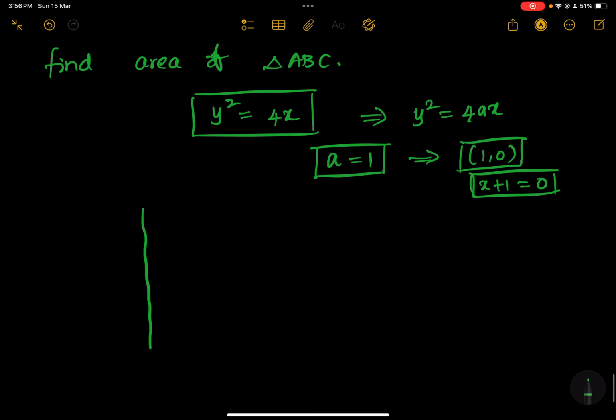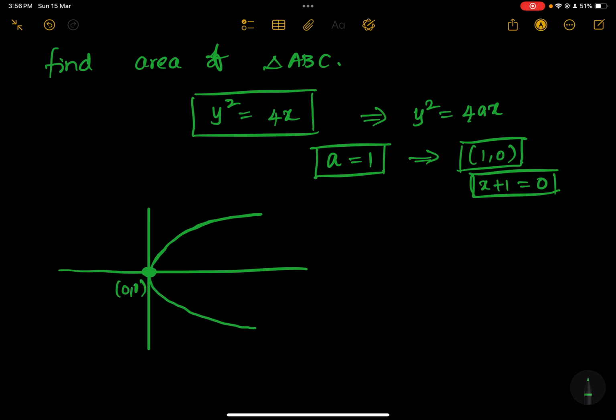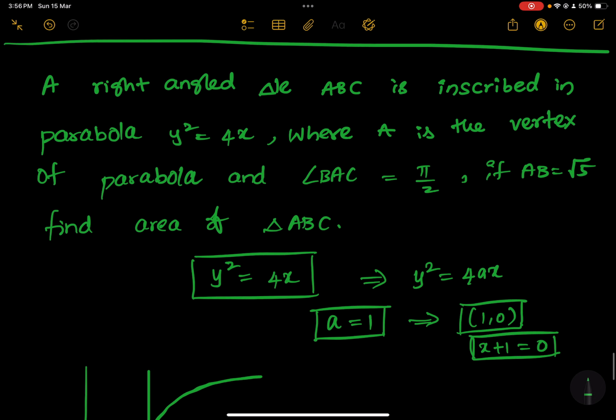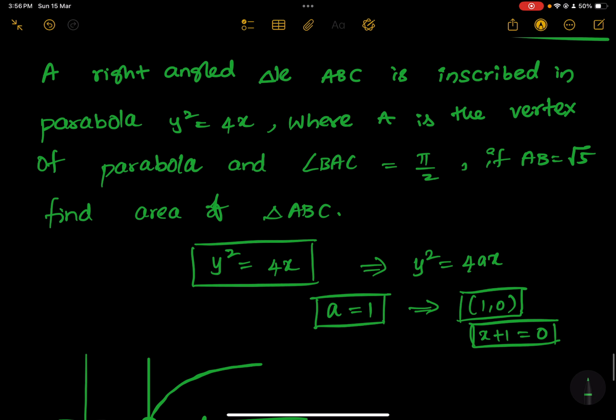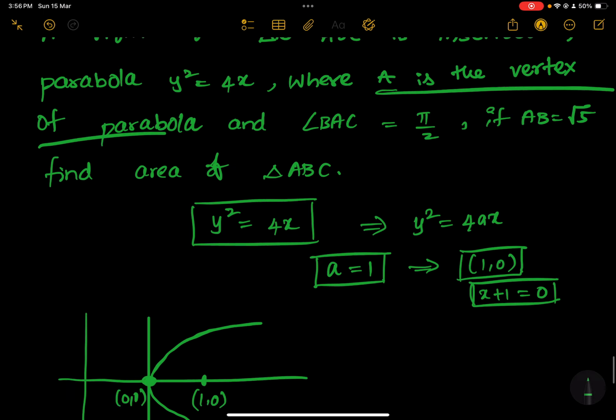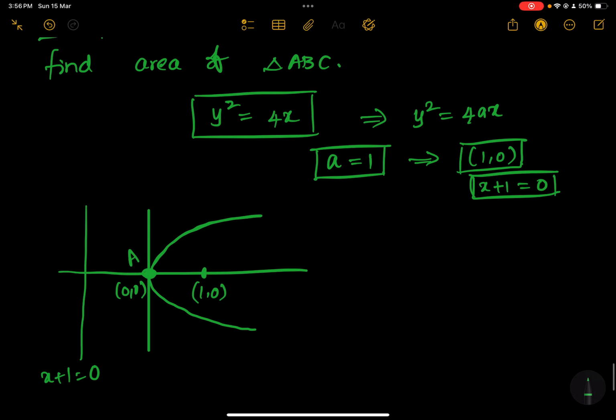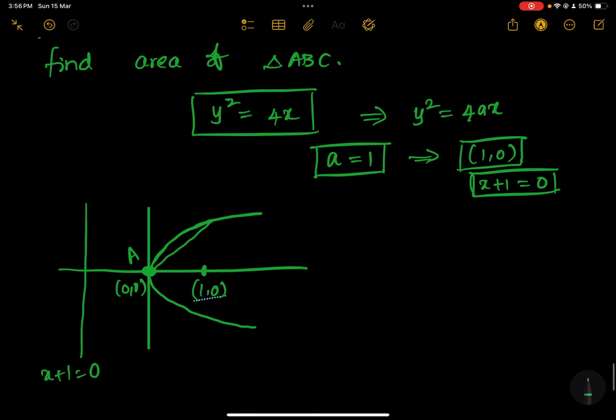So let us draw the figure of the parabola first. It looks something like this. This is your vertex, which is your origin, and this is your focus, which is 1 comma 0, and here you have your directrix, which is x plus 1 is equal to 0. Now what are they saying? Right angle triangle ABC is inscribed where A is the vertex of the parabola. So this point is denoted by A, and they are inscribing the right angle triangle in this particular parabola.